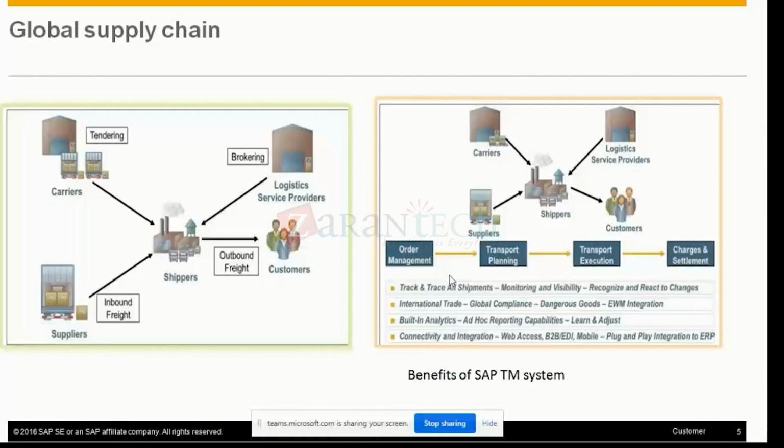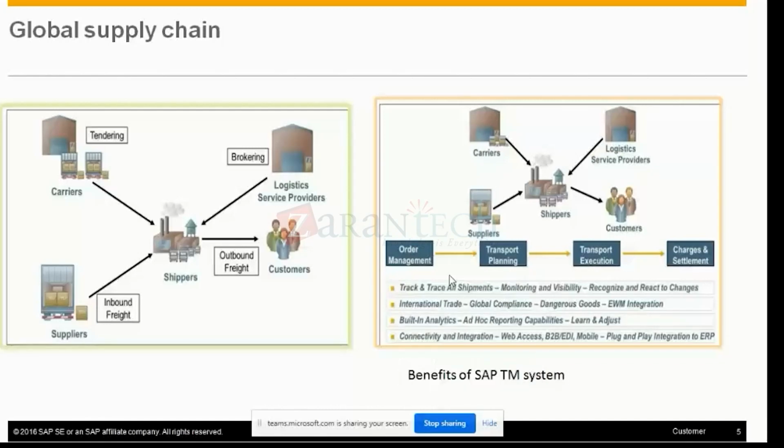An LSP can also be a carrier, because ultimately the responsibility is to do the transport. But the carrier, in terms of performing its functions, is not as huge as an LSP. Carriers are like the forwarding agents; in any SAP module, you have the carrier in your shipment document.